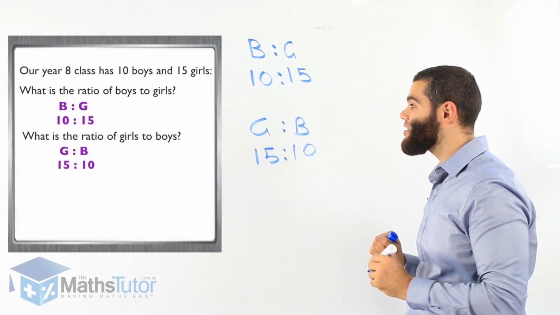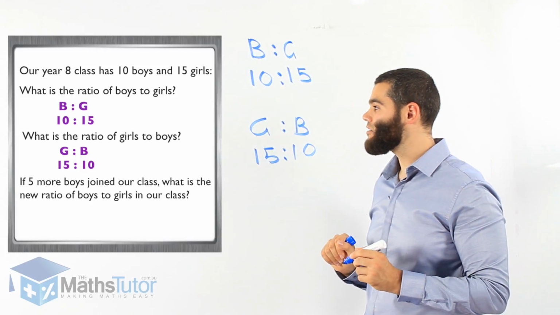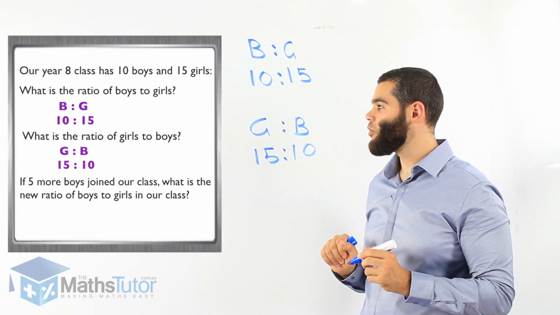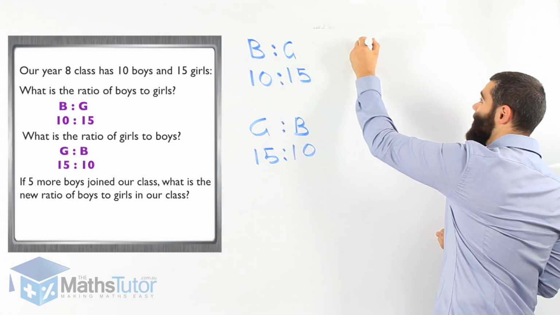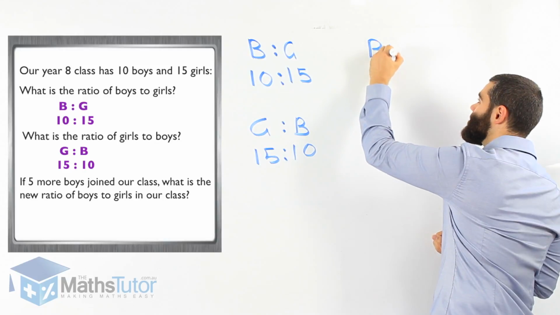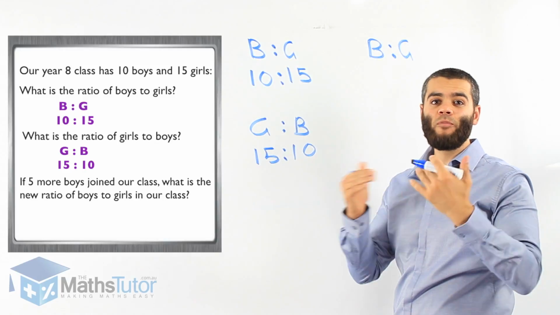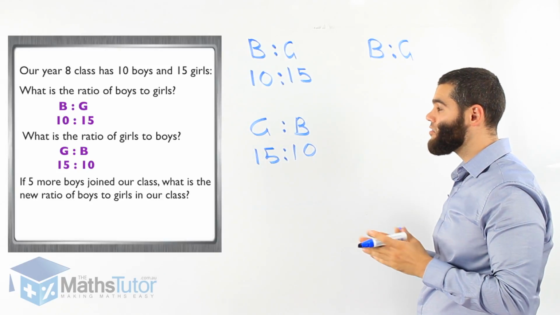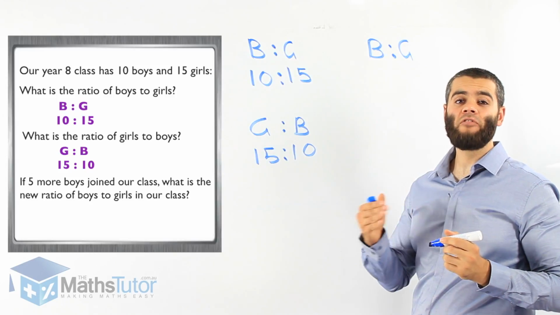The last question says, if 5 more boys joined our class, what is the new ratio of boys to girls in our class? So this question says that again we are asked for the boys to girls ratio. But we are told that 5 more boys joined the class. So we had 10 boys at the start. We now have 5 extra boys.